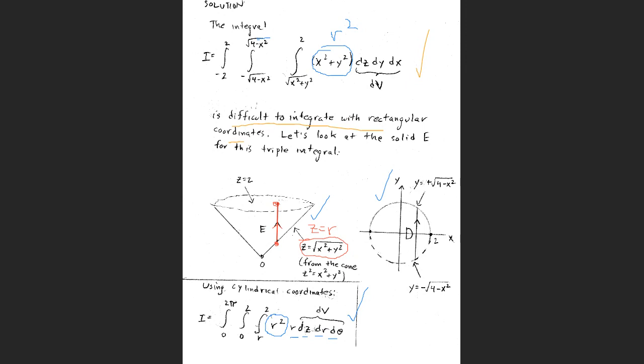Yep, z equals r is my bottom limit when I do dz. And then it stops at what surface? z equals 2, the plane. And so you see, that's how I get those limits.